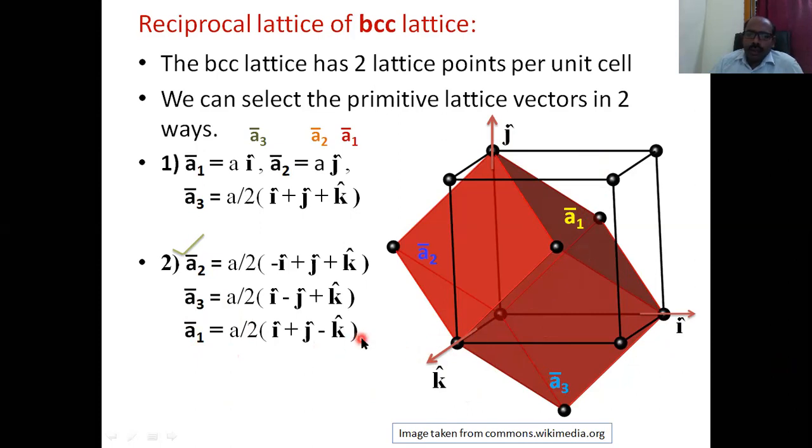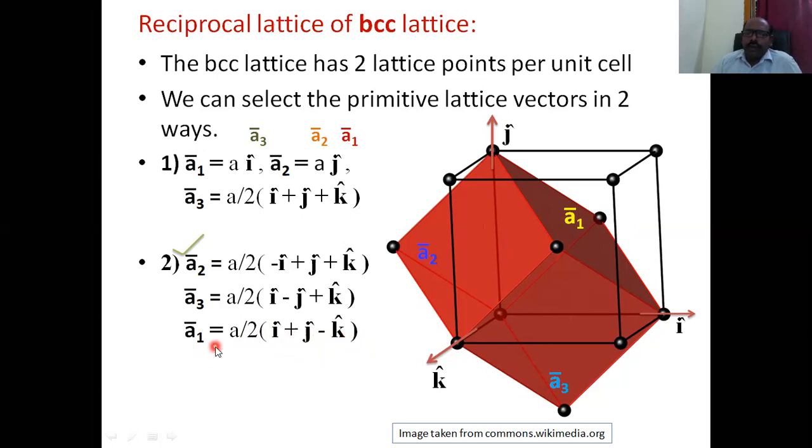Therefore we get minus k, at half of the height. Along the positive x axis, half the distance, and along the positive y axis, half the distance. So a by 2 i cap, a by 2 j cap, and on the negative z side a by 2 k cap.